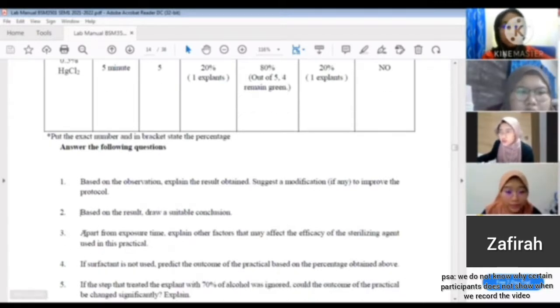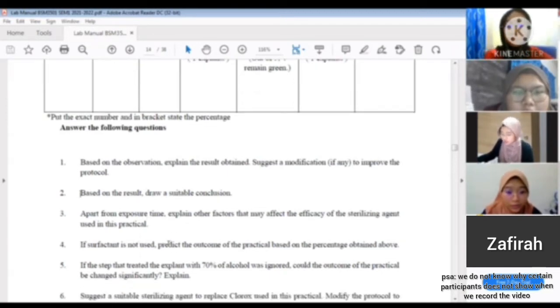So number 3, apart from exposure time, explain other factors that may affect the efficacy of the sterilizing agent used in this practical. So anyone? Okay, who wants to answer this?